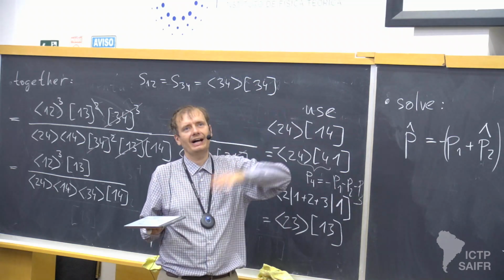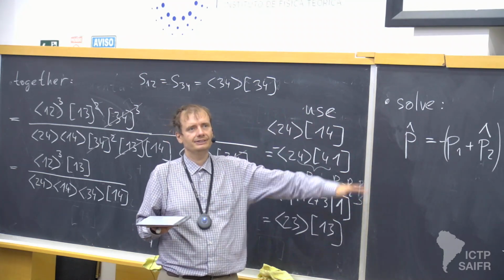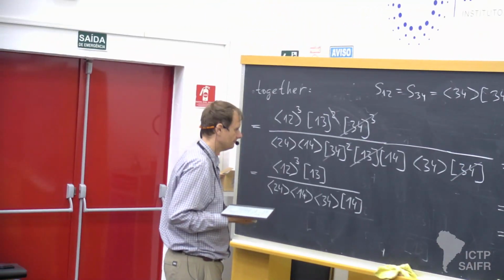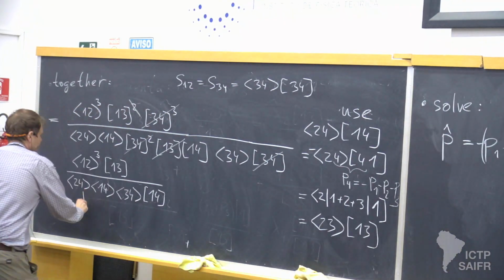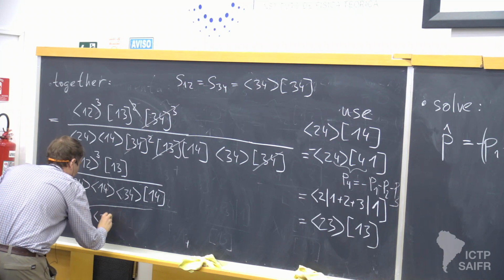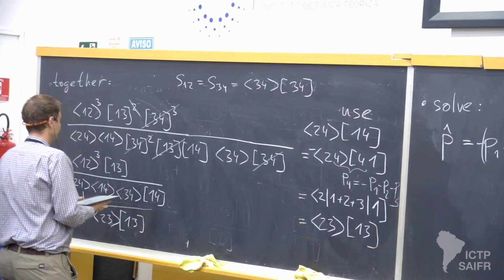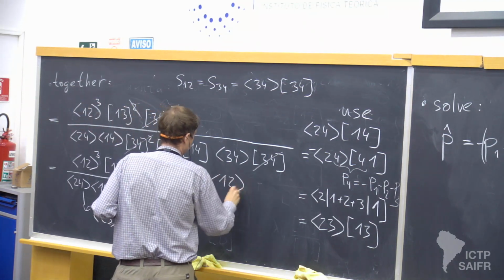But the overall sign, if we get an amplitude or minus an amplitude, is irrelevant here. Okay, so plugging for this, instead of this term and this term, we get ⟨23⟩ and [13]. So this [13] cancels the [13] in the numerator, and we get a final formula.